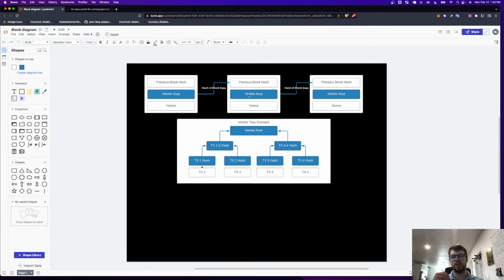This is so that it's not incredibly easy to find blocks. The goal is to create it in such a way that, for Bitcoin at least, it takes around 10 minutes to find the hash of a block that satisfies the hash target of 17 or 48 zeros, whatever the current difficulty is.